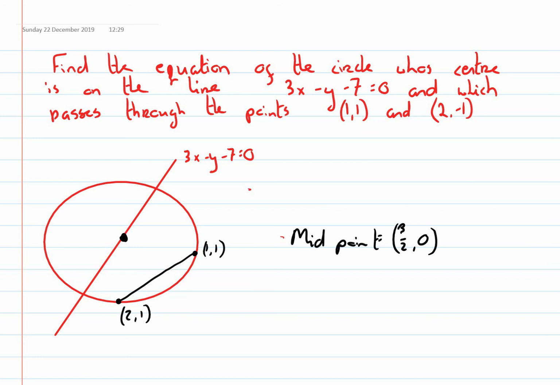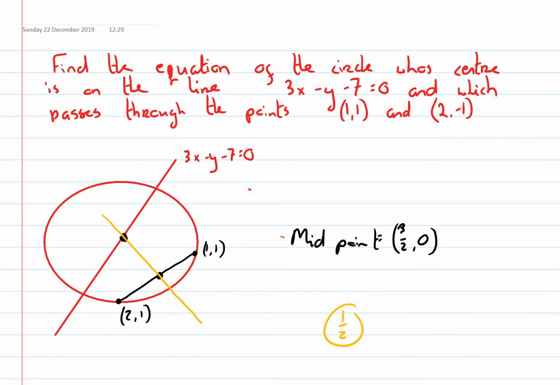And if I find the slope of that line, I will get minus 2. Okay, so that's all to do with that line. So here's my point 3 over 2, 0. Slope is minus 2. I want to find the slope though of this line. It's perpendicular to the chord, so flip it upside down and change the sign. I will get a half.